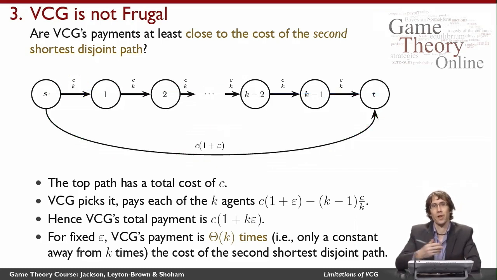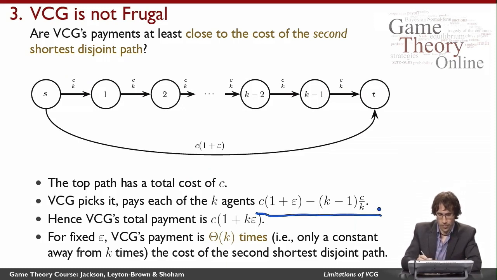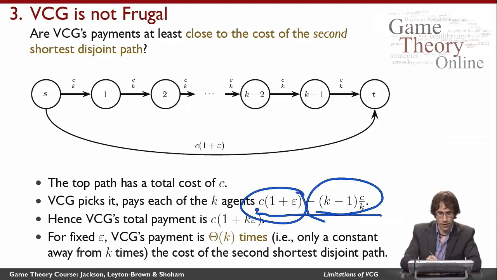So as long as epsilon is a positive number, the top path is going to be shorter than the bottom path. So VCG picks the top path, and it pays each of the k agents this amount here. So it charges each of the k agents the costs of the other agents on the shortest path, and then it pays them the utility, the cost of the guy who doesn't get picked.